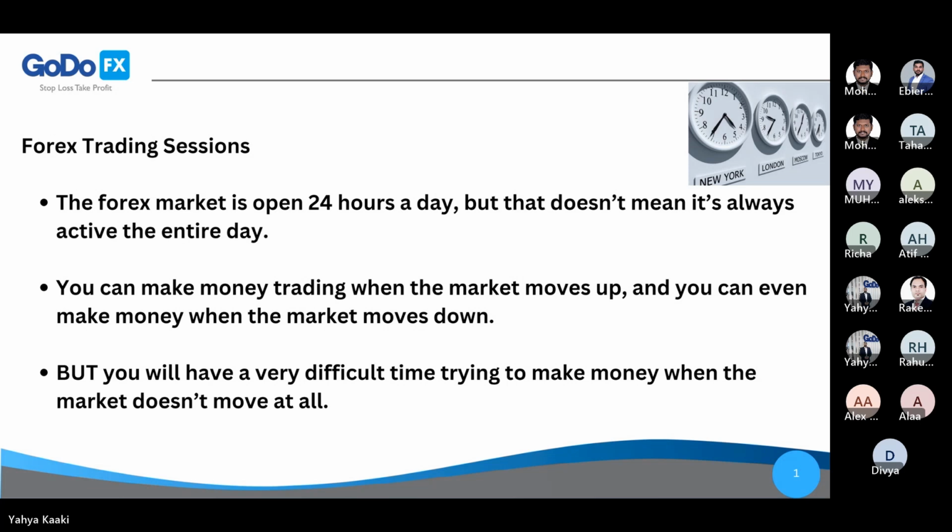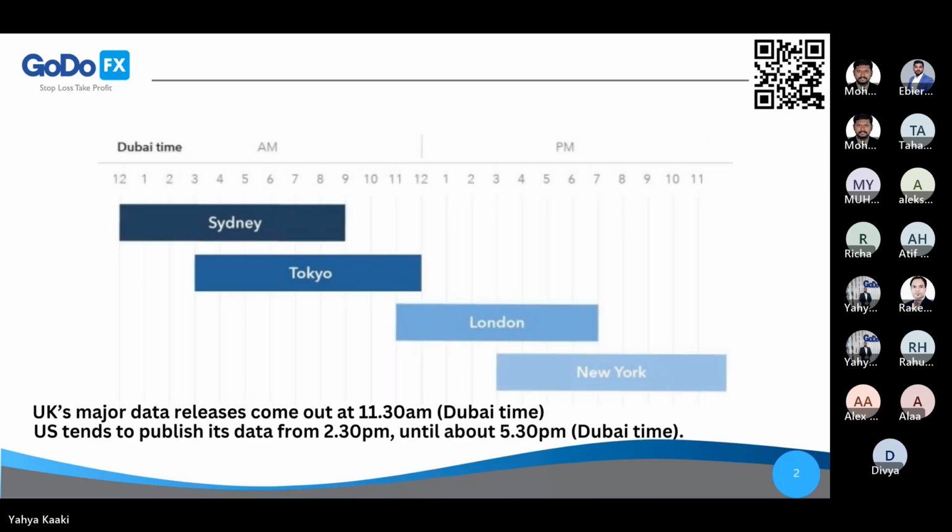Moving here to the time graph that we have, the Forex market trading times are important because it opens 24 hours a day, and the market is more active during different sessions, or when there are crossovers between two sessions in different geographical locations.